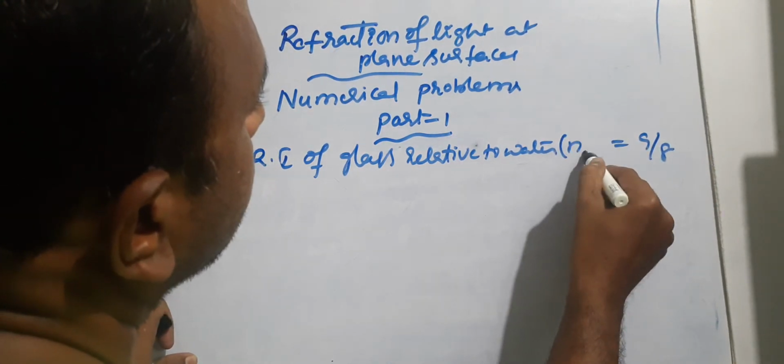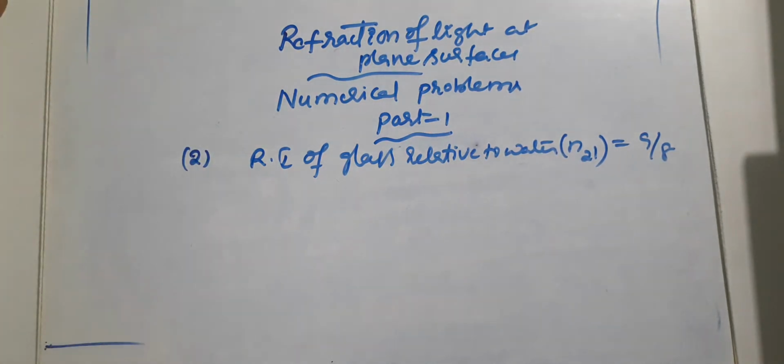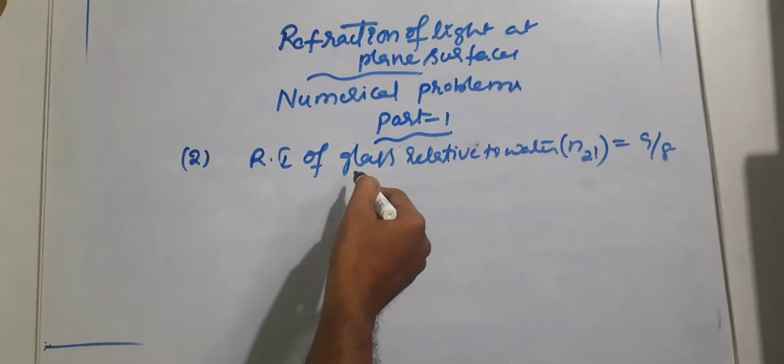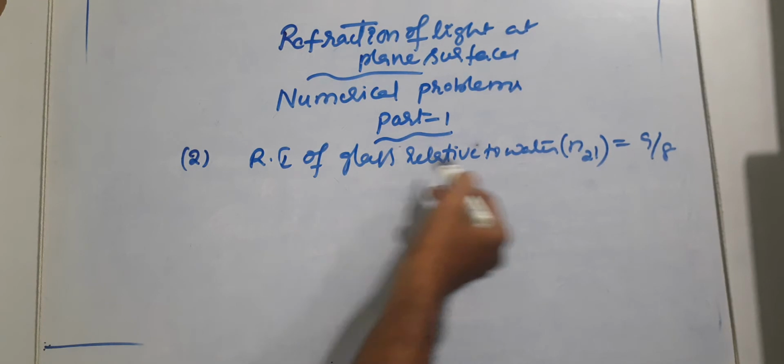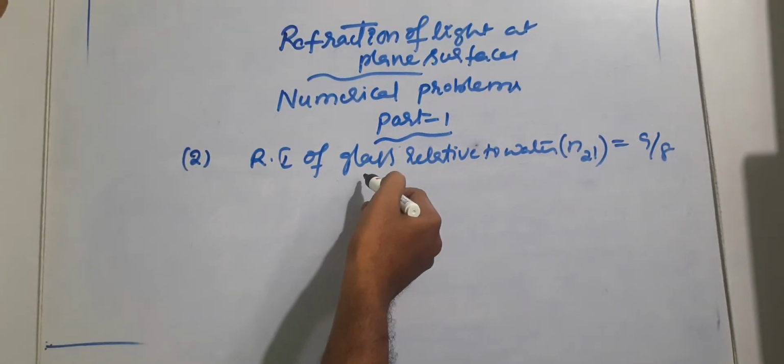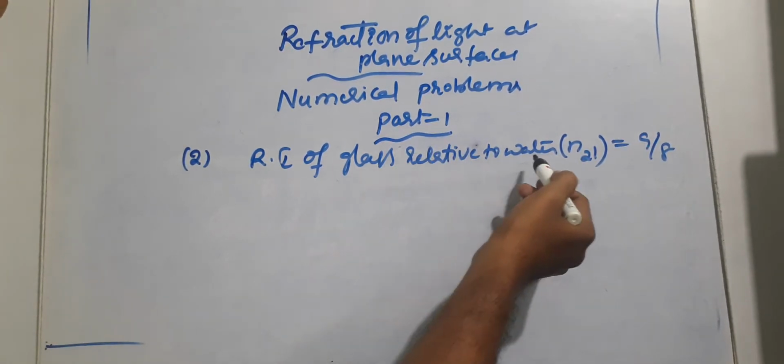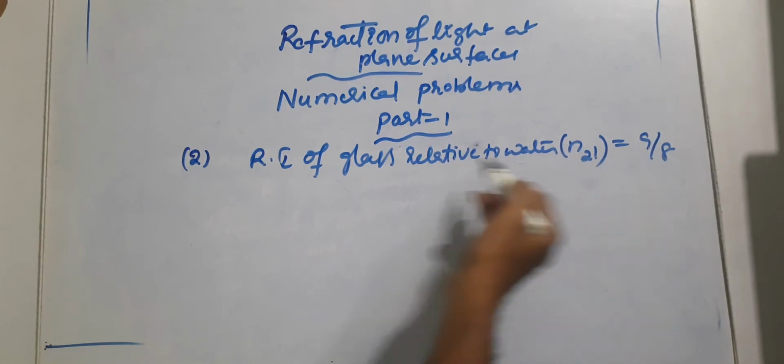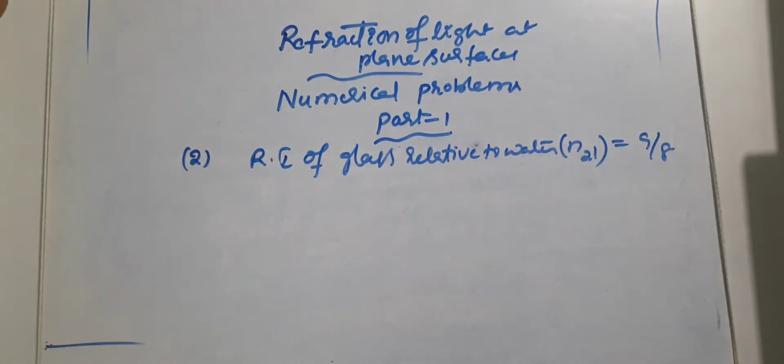So consider this is taken as n21. Here the medium is glass and the other medium is water. So comparing the refractive index of glass with water, it is given as 9/8. But we can also call this a relative refractive index of glass, the relative refractive index of glass with respect to water.